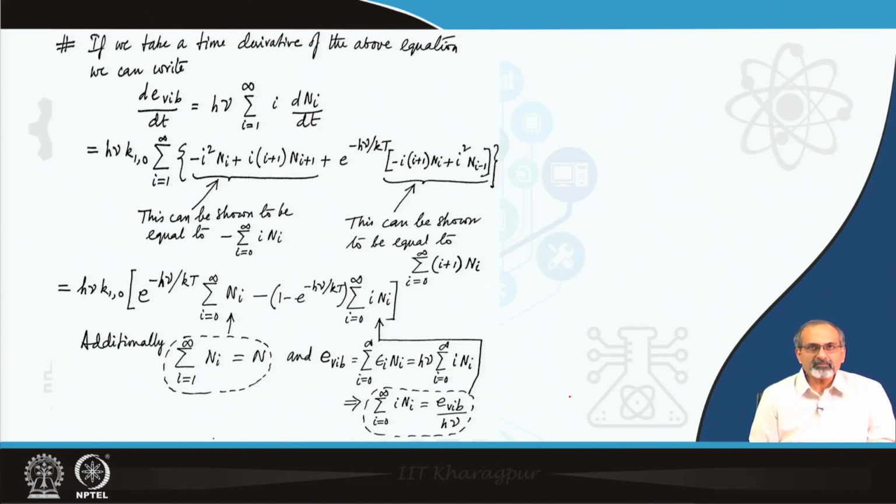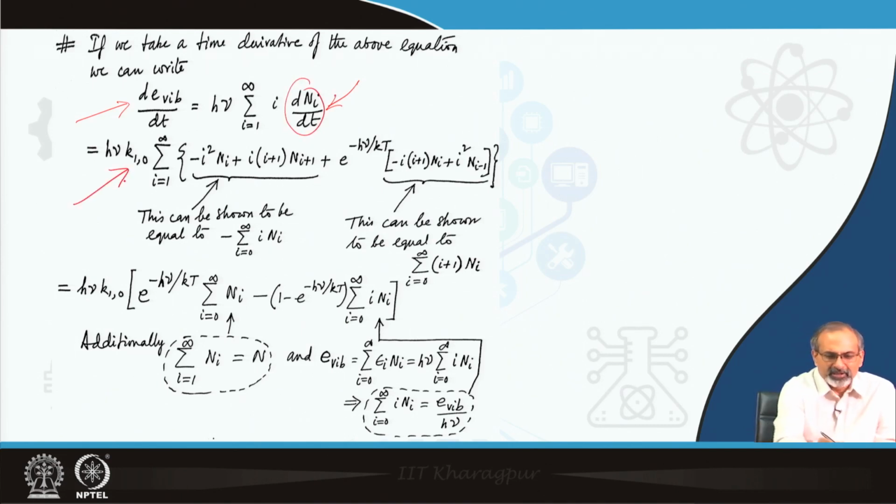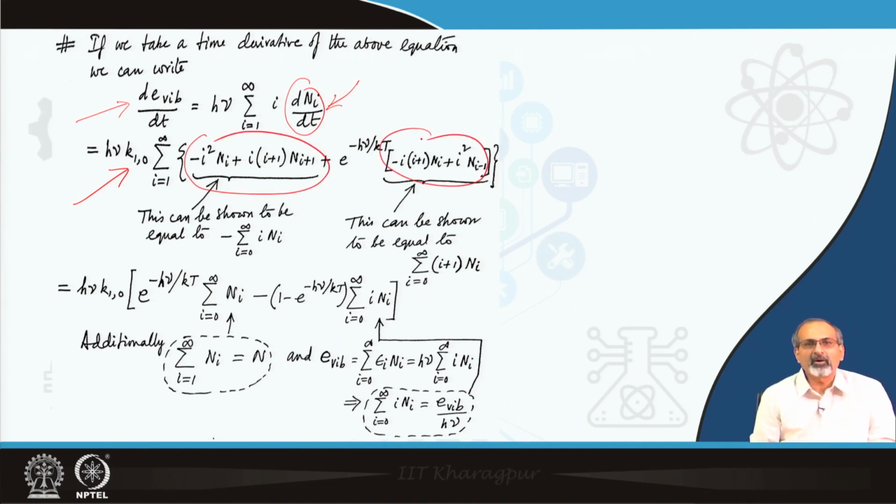So, this is an important change which will come, which we will see reflected in the equation finally. So, when you take a time derivative of this equation, then it is expressed in terms of the time derivative of the population distribution, and then if you rearrange the terms, you see an h nu k(1,0) outside a summation which contains some expressions which apparently look a little complicated.